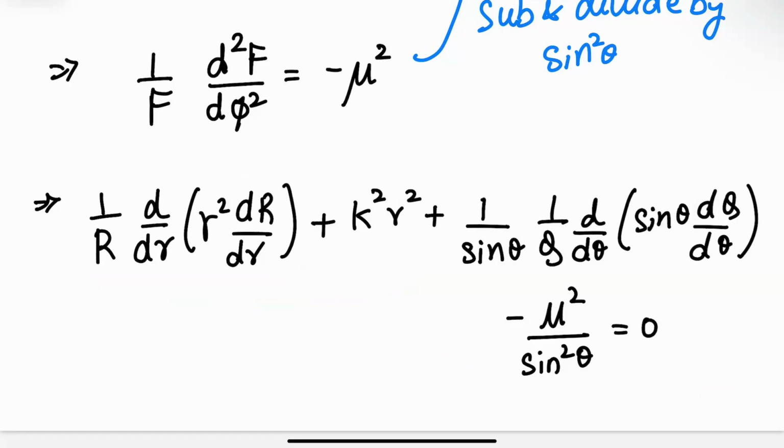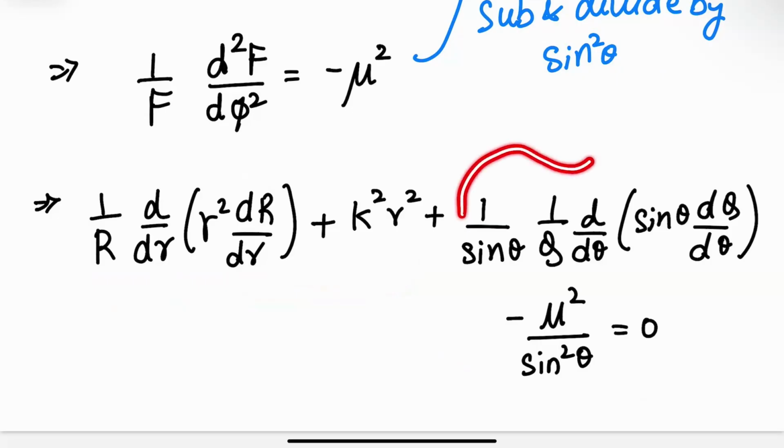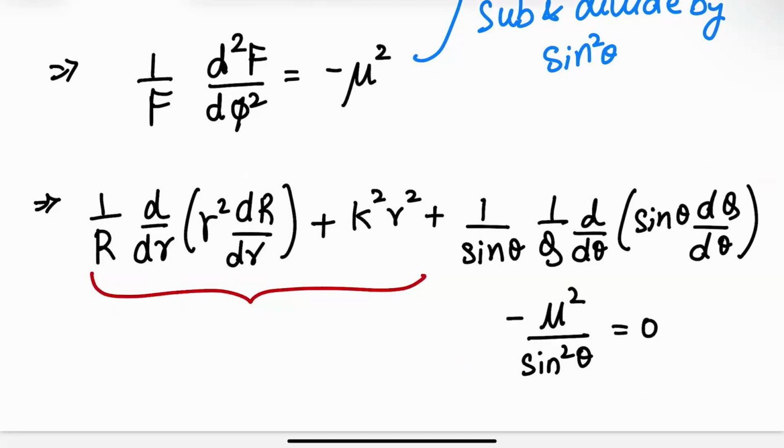And once again we use the same argument: since this is the only thing as a function of r, the rest of it is a constant, so this must also be a constant. And that must be equal to minus of this one's constant, right? So essentially we'll call this term equal to a constant nu times nu plus 1.